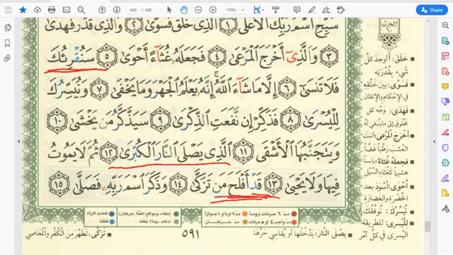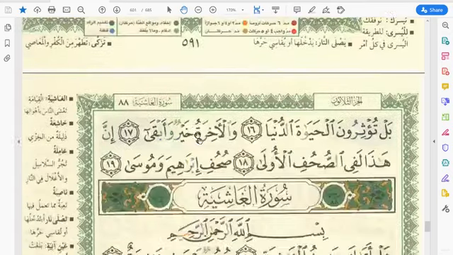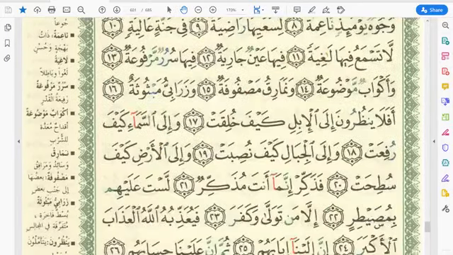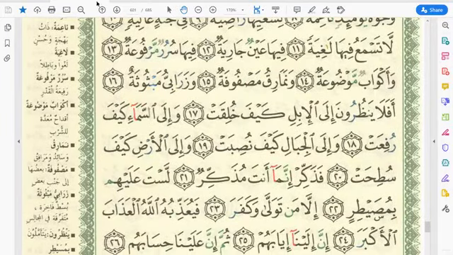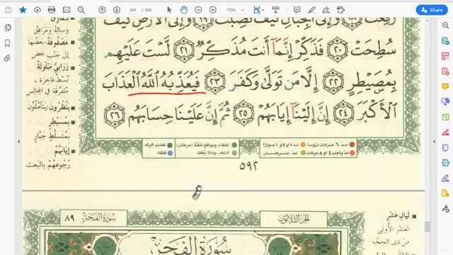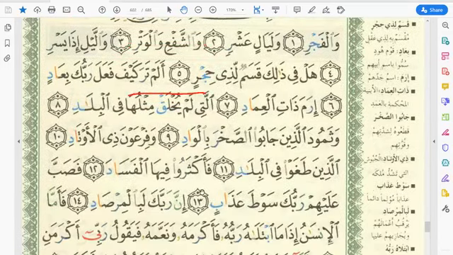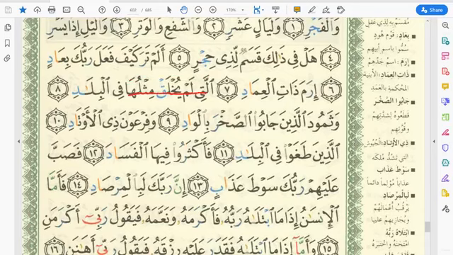Did you hear that shake for the letter dal? قد أفلح من تزكى. Let's move forward really quick. Look at this one, وزرابي مبثوثة. Did you hear that? Let's go for more. These ones are usually audible and everybody recognizes them.